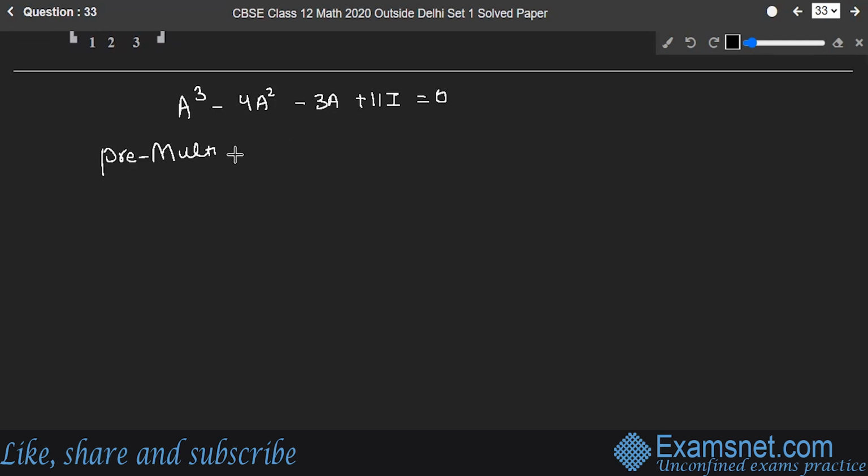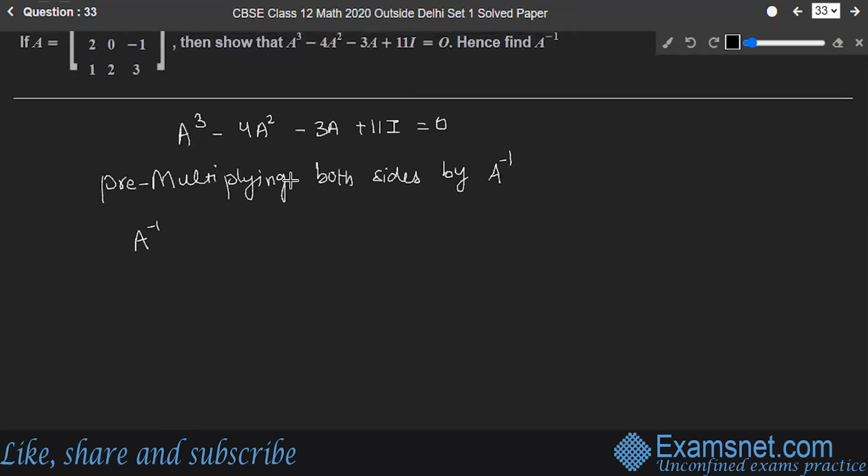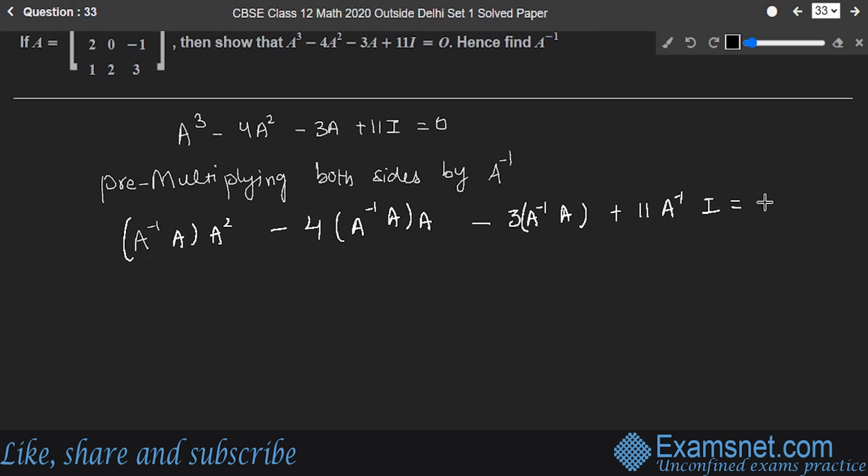Pre-multiplying both sides by A inverse, you have A inverse into A. You can write A cube as A inverse into A square, minus 4 into A inverse A, minus 3 into A inverse A, plus 11 into A inverse I is equal to A inverse into 0.